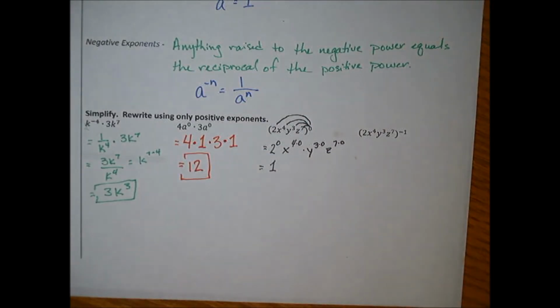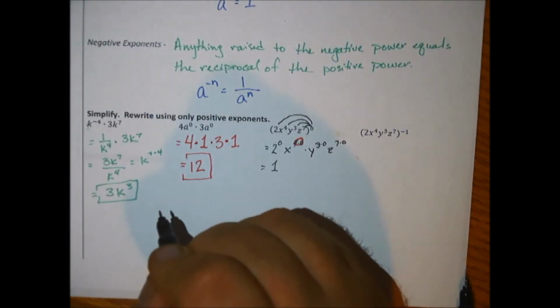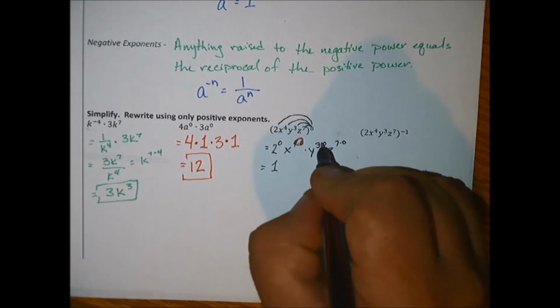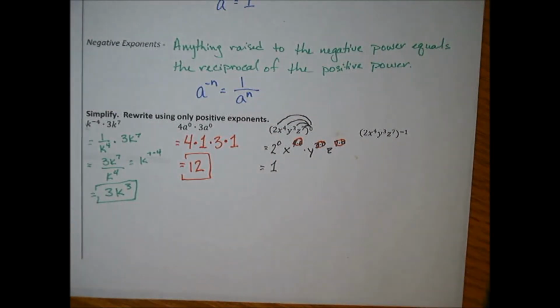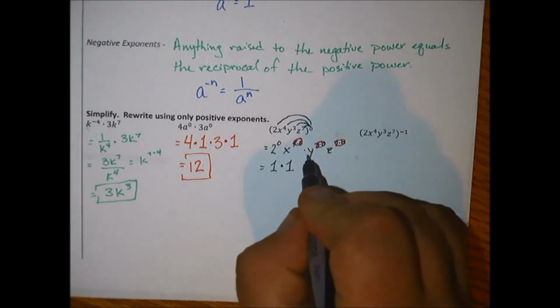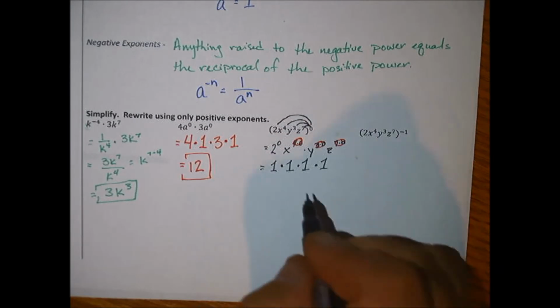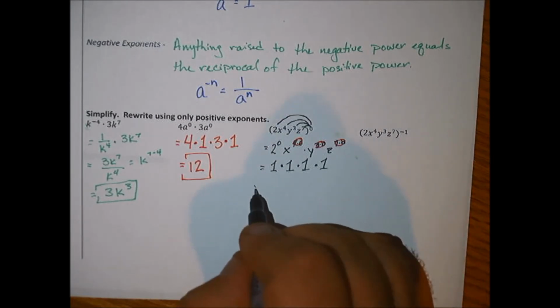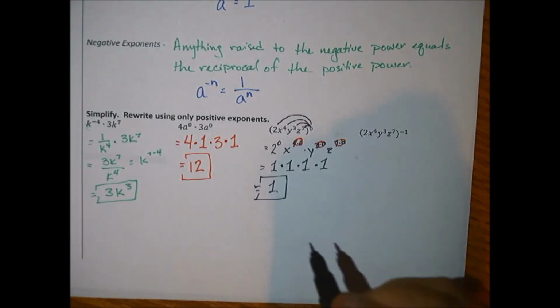So I'm going to rewrite that as just 0. 3 times 0 is 0, and 7 times 0 is 0. So all those have exponents of 0. So x to the 0, that's 1. Y to the 0, that's 1. Z to the 0, that's 1. So I have 1 times 1 times 1 times 1. We get an answer of 1.